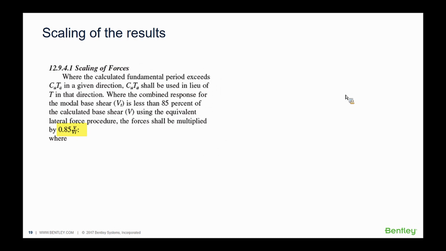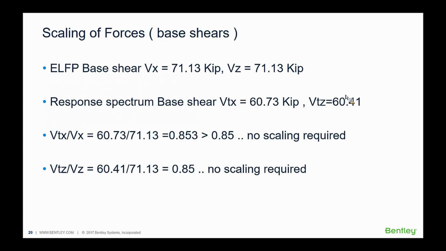And in case the modal base shear is less than 85% of the base shear obtained using the equivalent lateral force procedure, the response spectrum results would have to be factored by the amount highlighted in this slide.